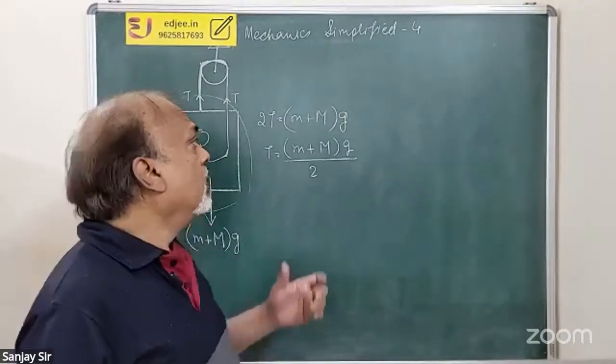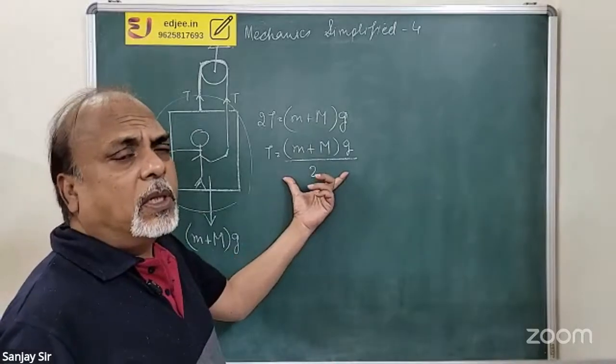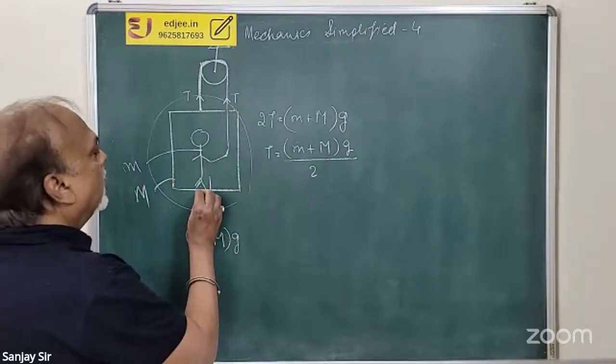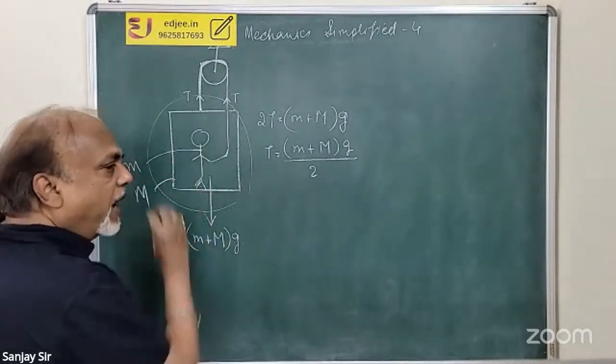Now, T, the tension in the string, is this much. But there is one more force you may be asked to find out. That is, what is the normal reaction by the trolley on the man?